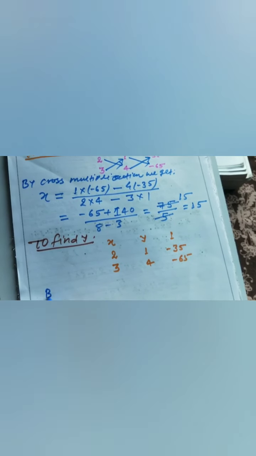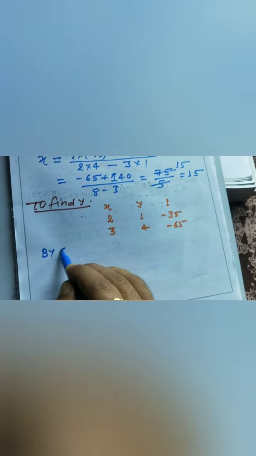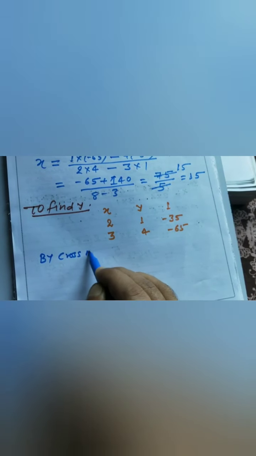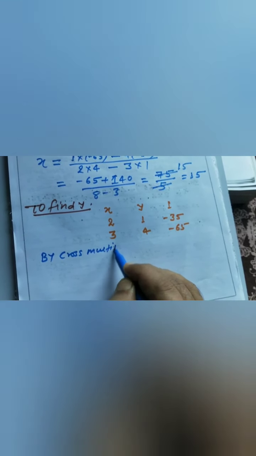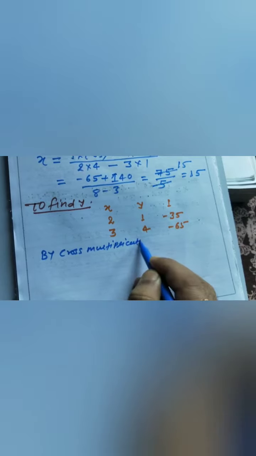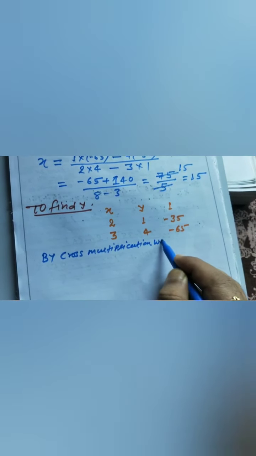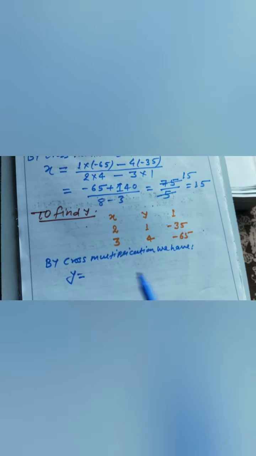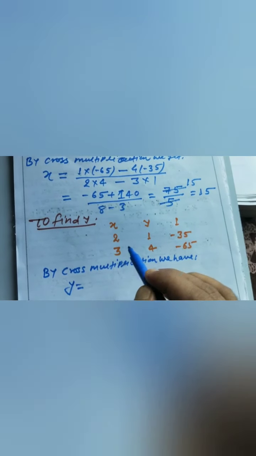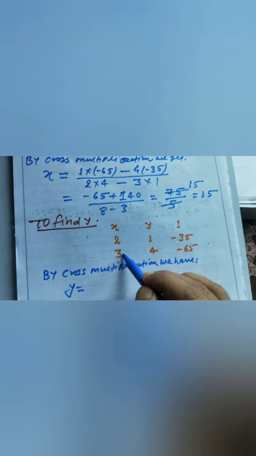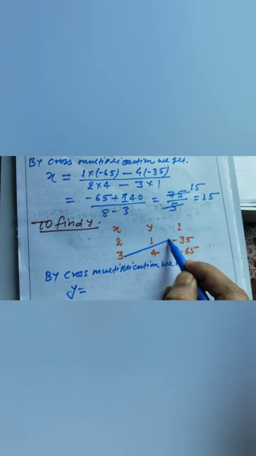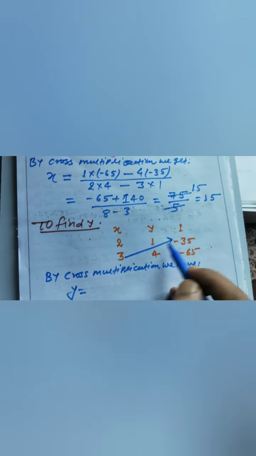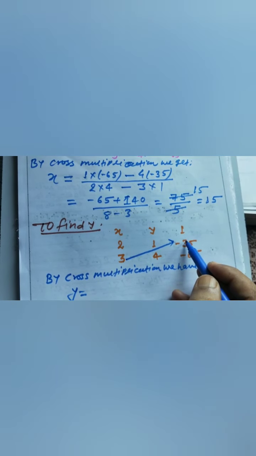So by cross multiplication, y will be equal to, now you remember or keep it in your mind, you have to multiply downwards to upwards first.